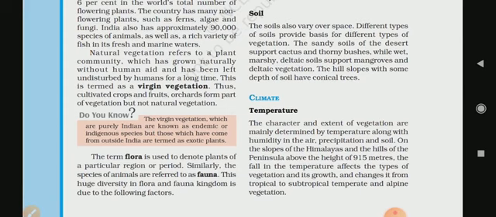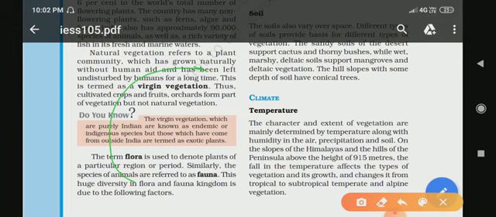Temperature plays a very important role in the growth of plants and trees, because temperature, air, and humidity change as you go away from the equator. Let me show you through a diagram.